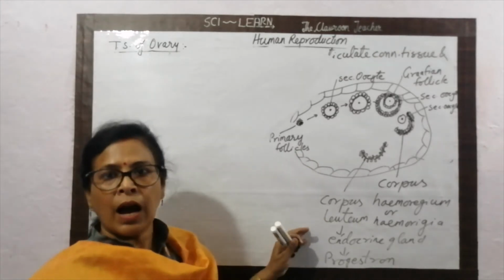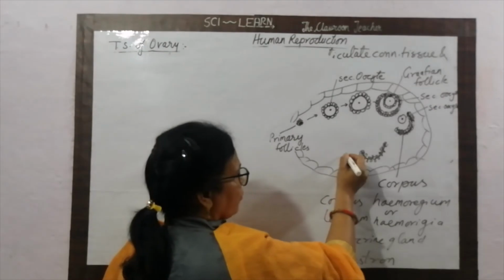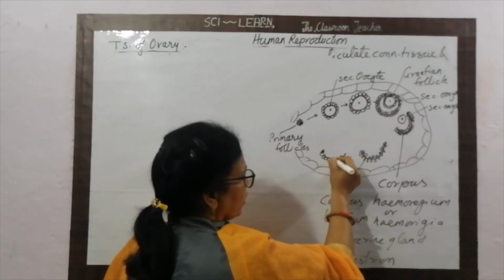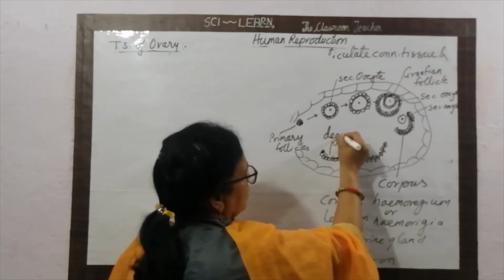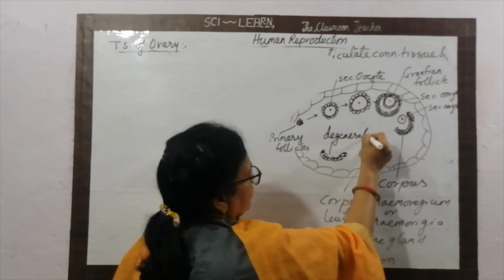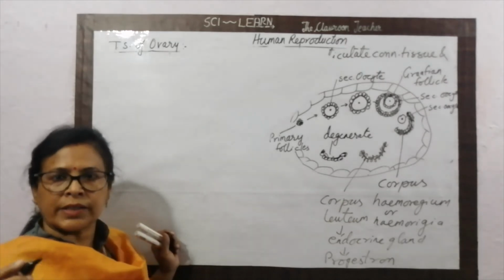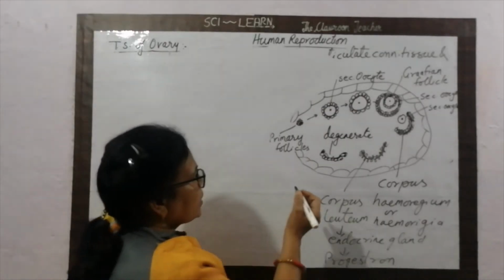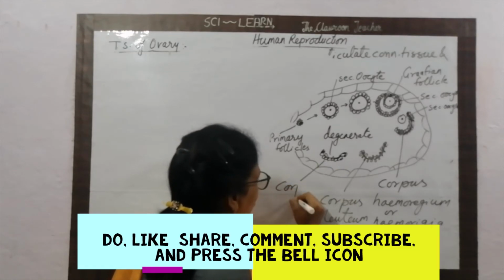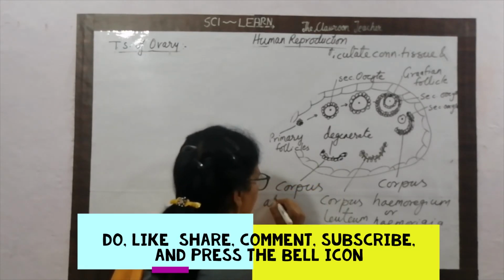After that, the Graafian follicle degenerates and is released out from the body. This degenerated follicle is called the corpus albicans.